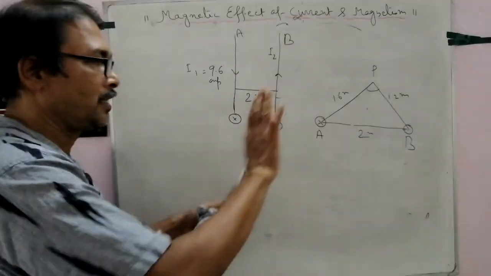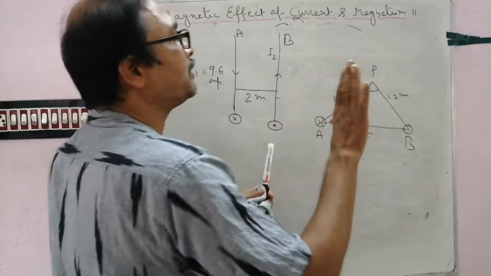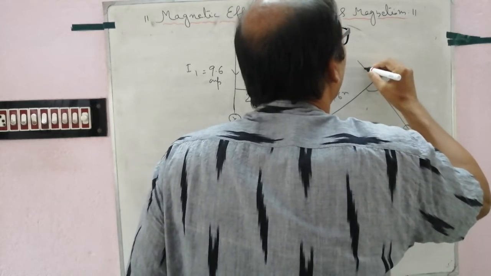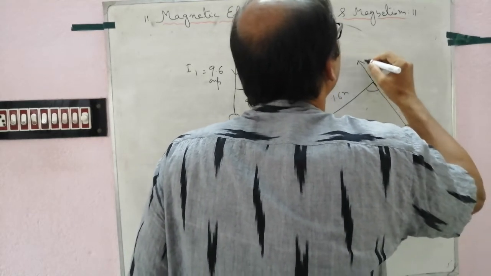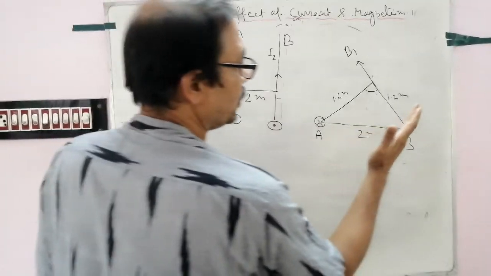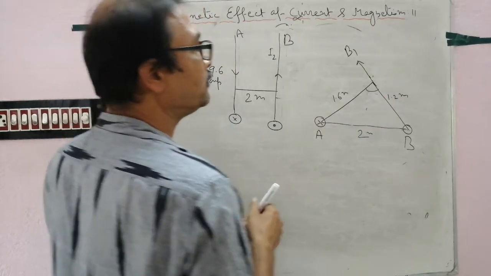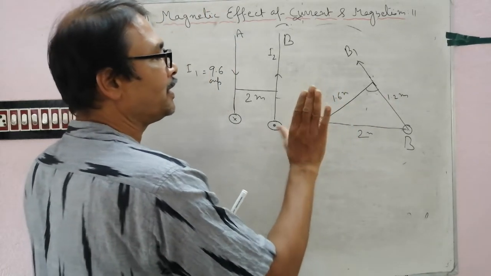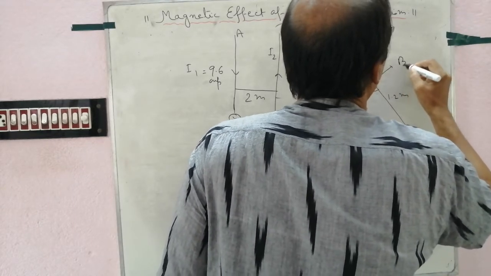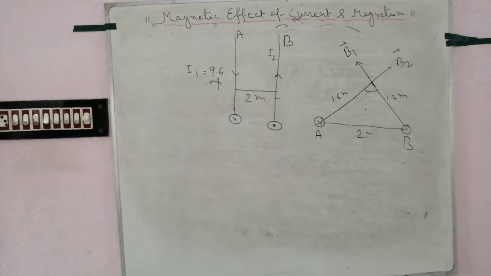For this portion, in which direction is the magnetic field? This is B1, and for this portion, the magnetic field is B2. Clear at first?